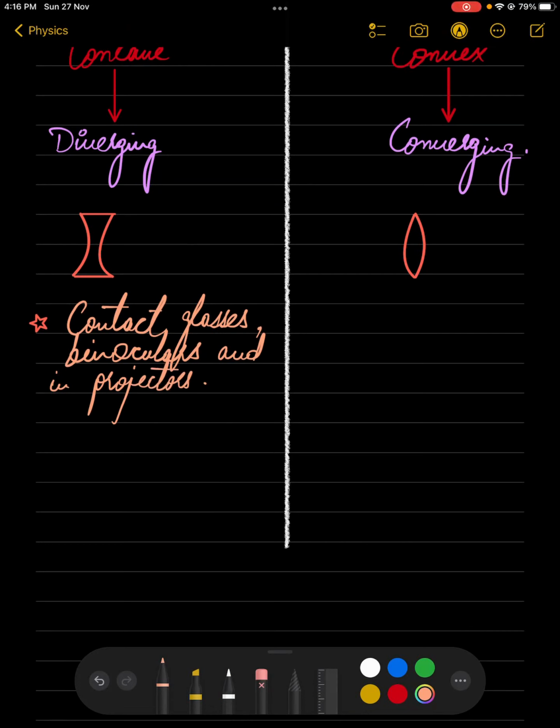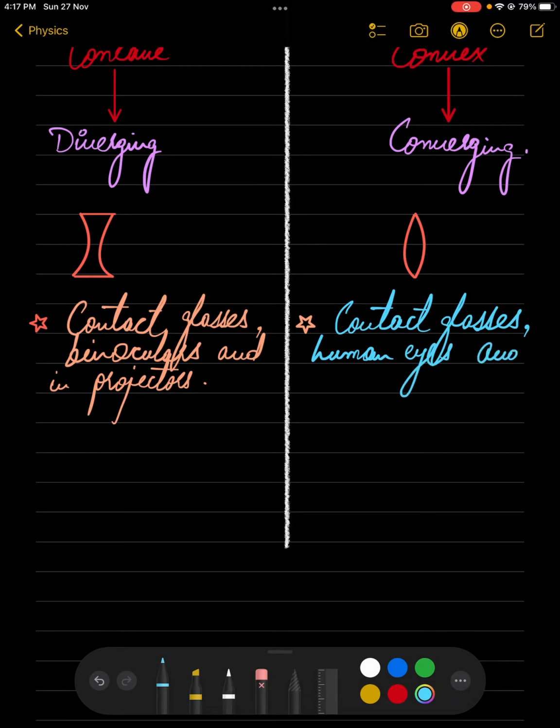Now, if we talk about the converging lens, you would observe the converging lens is also present in contact glasses, and they are also present in human eye. आप जो अपनी eyes से पूरी दुनिया को देख रहे हैं, like you can see all around yourself, that is only because of the convex lens present in your eyes.